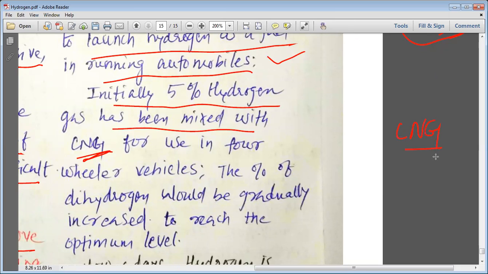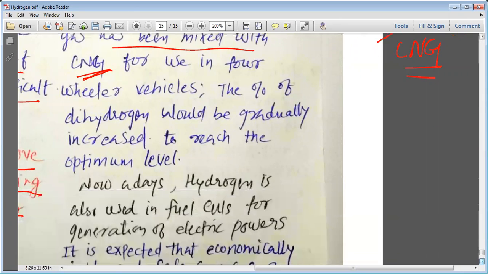So whatever CNG we use contains 5% hydrogen, and it can be utilized directly in automobiles that have CNG engines. Thus, my dear students, all CNG has 5% hydrogen in it.